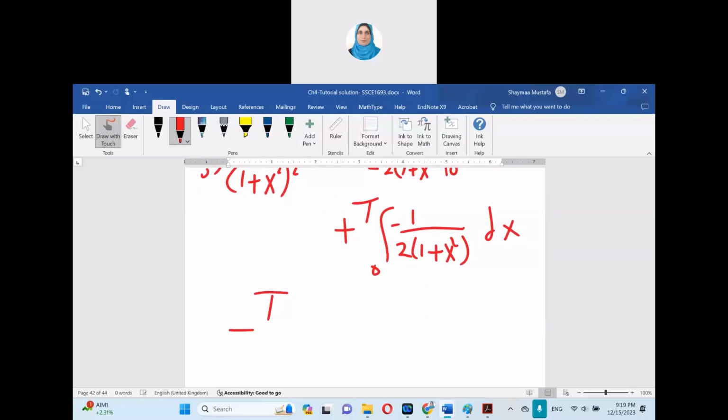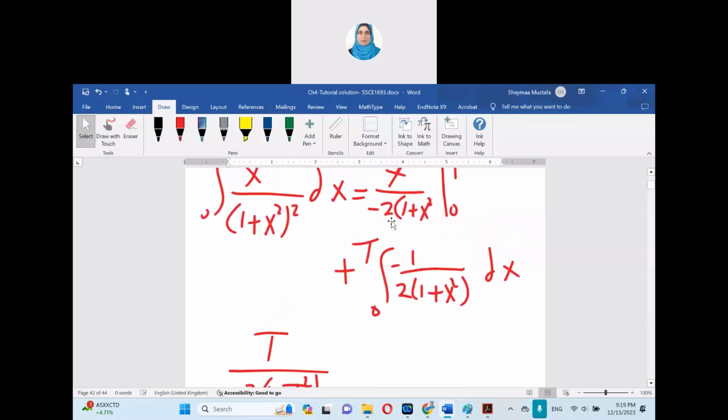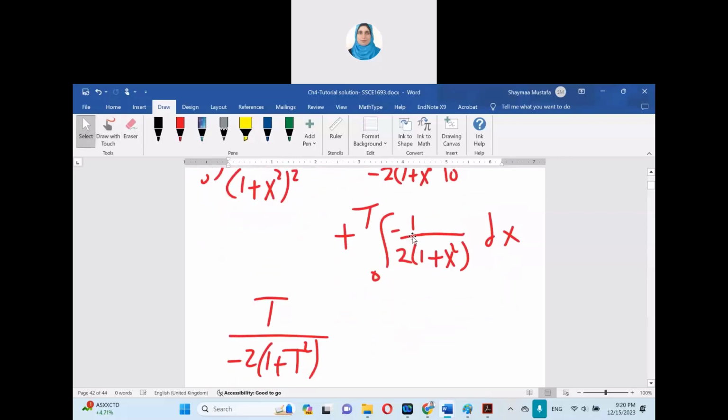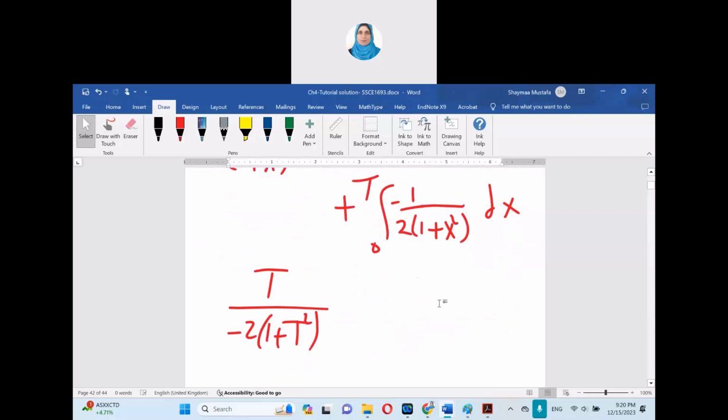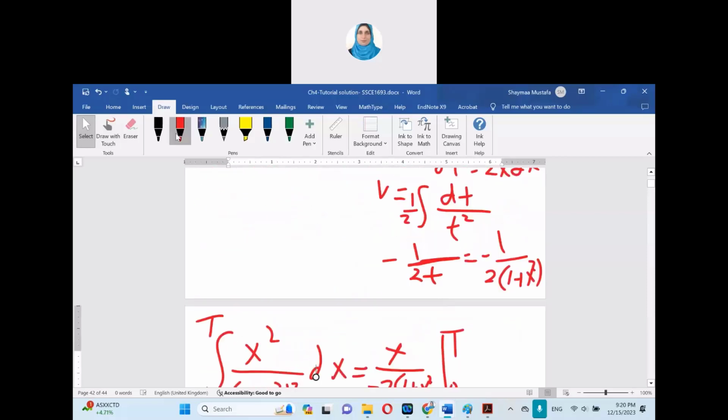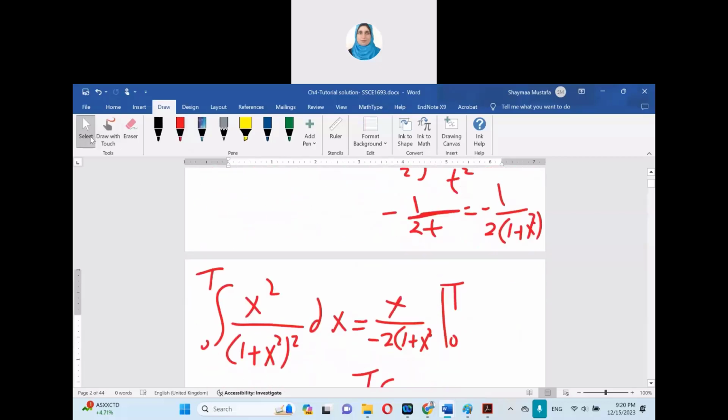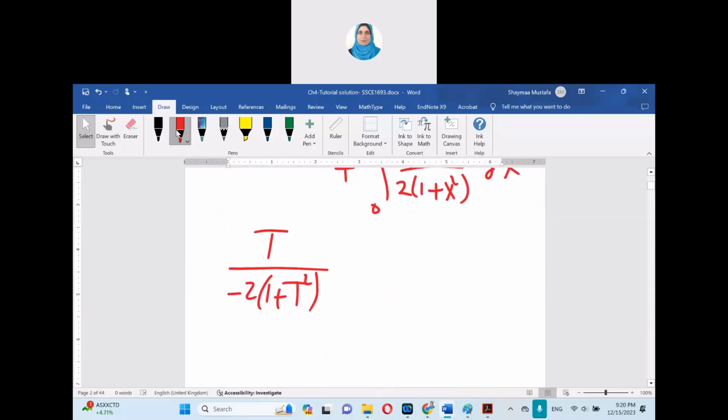Then you can continue: t over minus 2(1 plus t squared) minus 0, plus minus 1 over 2, this one tan inverse x from 0 until t.